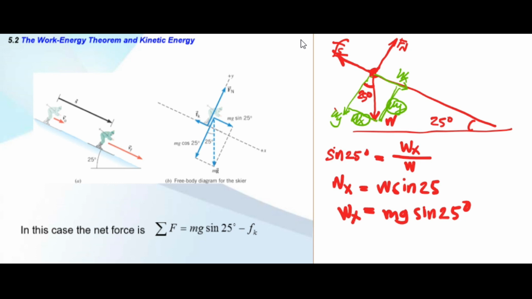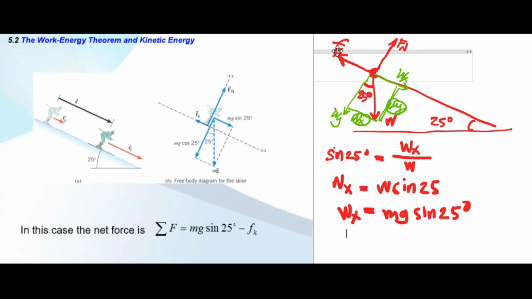Now if we analyze our free body diagram, the motion is going in this direction on the arbitrary x-axis. Therefore, the only forces that cause work in this example are the forces acting on the x-axis: the x component of your weight and the frictional force.